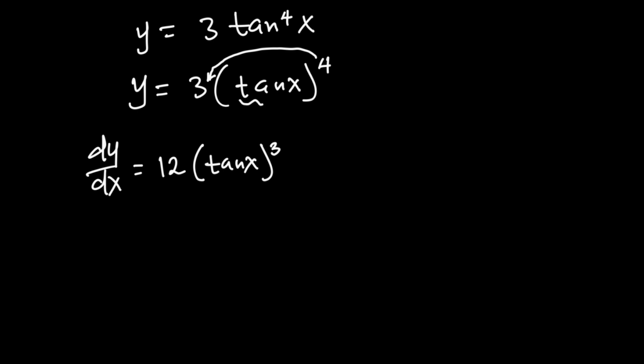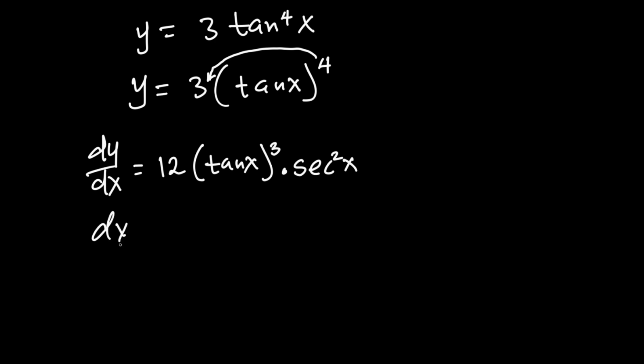However, inside the parentheses there is a differentiable function, which is tan x. So what is the differential of tan x? Tan always goes with secant, so the differential of tan x is secant squared x, and that is pretty much it. Then we simplify further, because trig ratios do not accept powers this way.